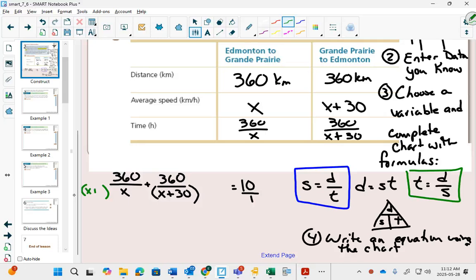This first one's missing an x plus 30. So I multiply top and bottom by x plus 30. The second one is missing an x. And the third one is missing an x and an x plus 30. And once you have that common denominator, you can multiply both sides by that, and all your denominators will go away.